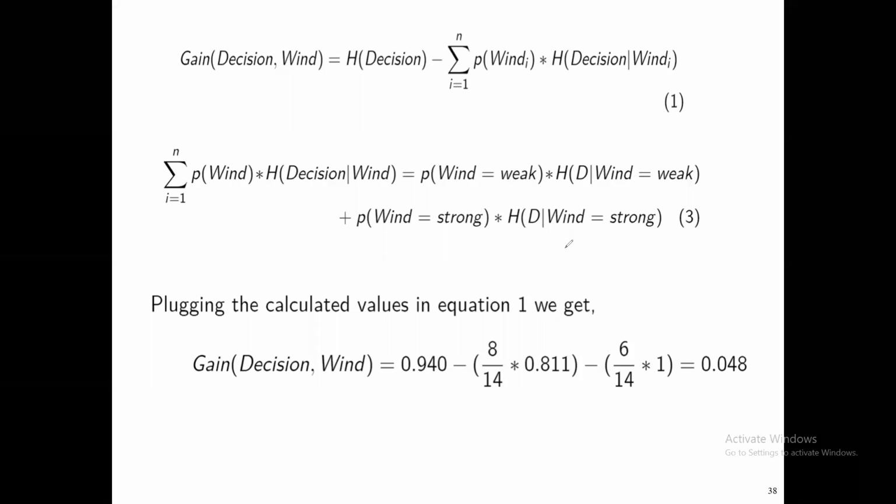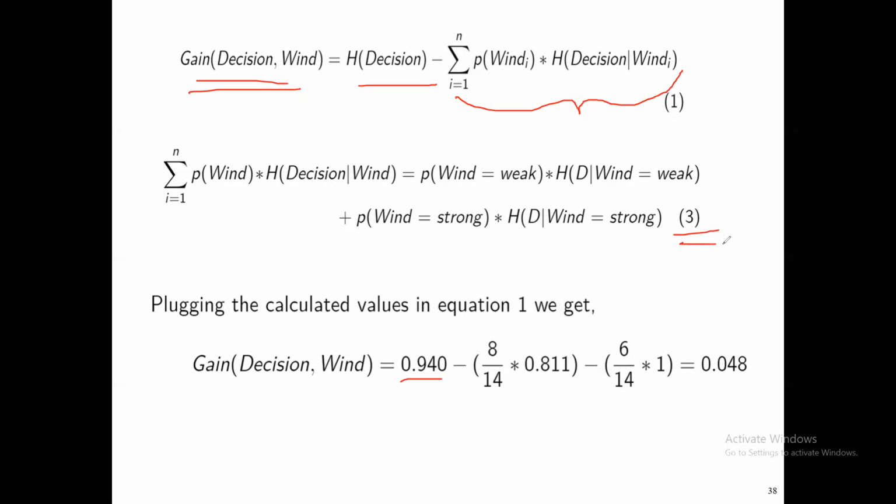Finally, after finding out all the values of the small components, we can plug in all the calculated values in the main gain equation here. We had earlier found out that the entropy of decision was 0.940, and for the expected entropy we had written out the formula elaborately as in equation 3.